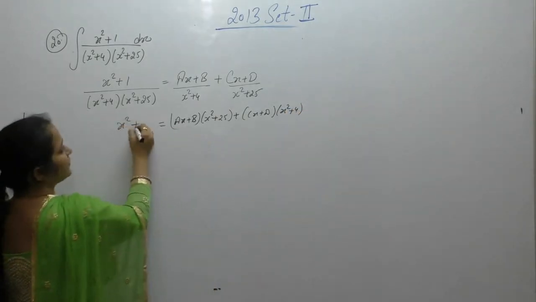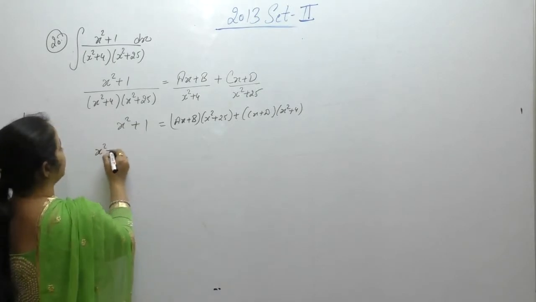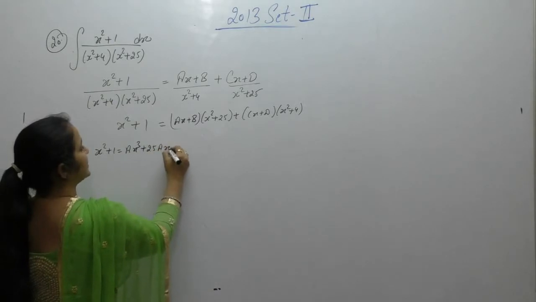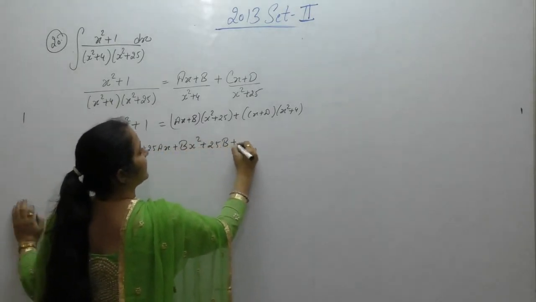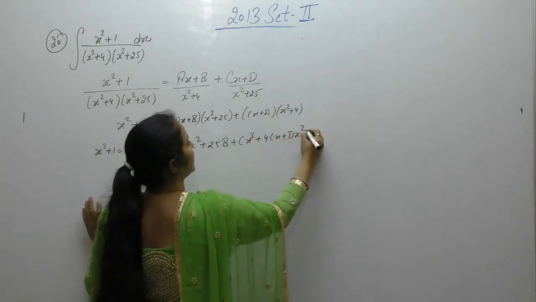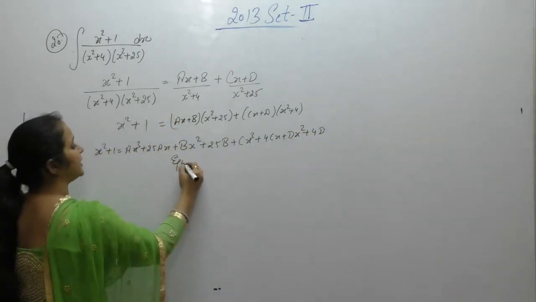Denominator will get cancelled from both sides when we take LCM. Now open the bracket. Ax cube plus 25ax plus bx square plus 25b plus cx cube plus 4cx plus dx square plus 4d.